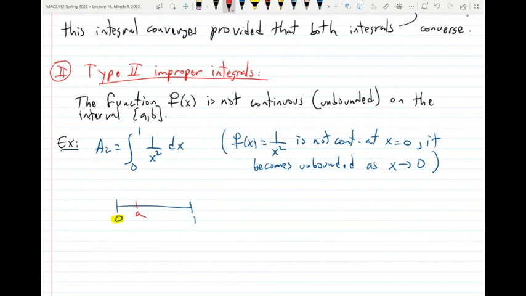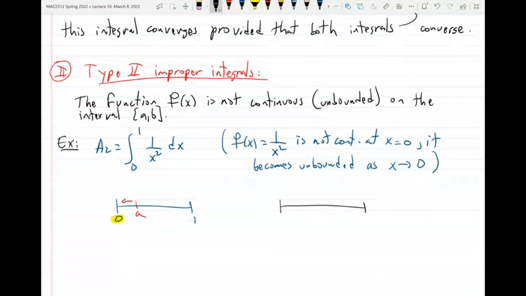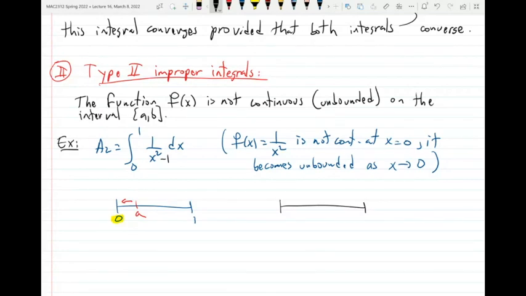But how are we approaching 0? From the right or from the left? From the right. So we need to take the limit as a approaches 0 from the right. We have to take a right limit. If the problem had been the top limit, the picture would be like this. Let's say this had been x squared minus 1, for example.